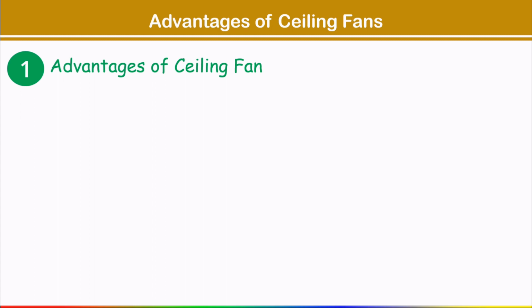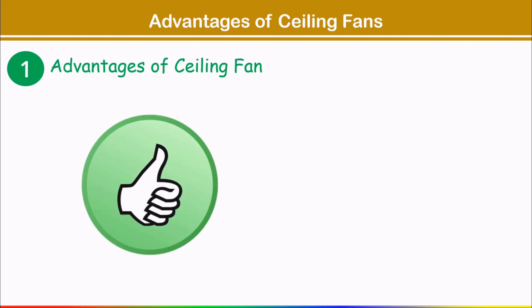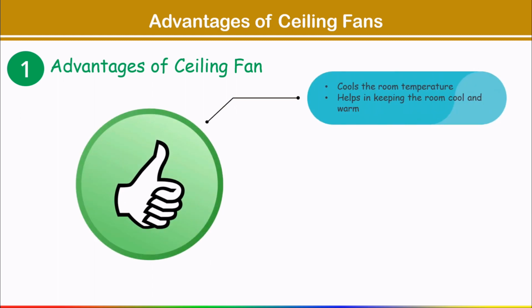Now see here some advantages of ceiling fans are written. First, the ceiling fan cools the room temperature. This is the first advantage. If you make the right choice of ceiling fan and blade size, you will be able to cool the room temperature by 4 to 5 degrees, irrespective of the size of the room or other things in the room.